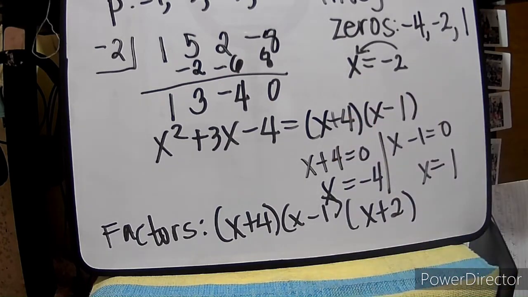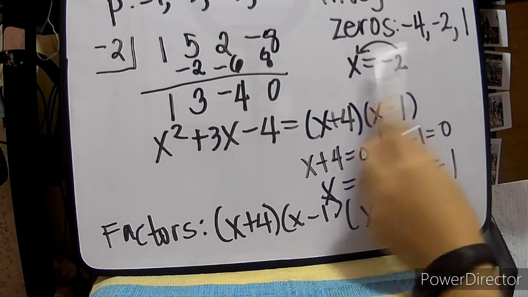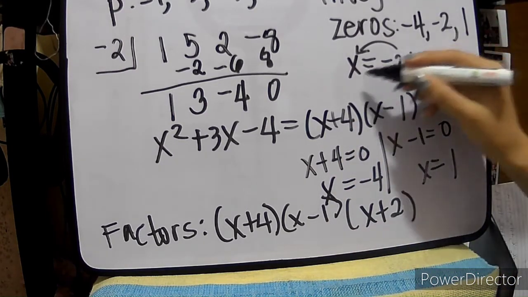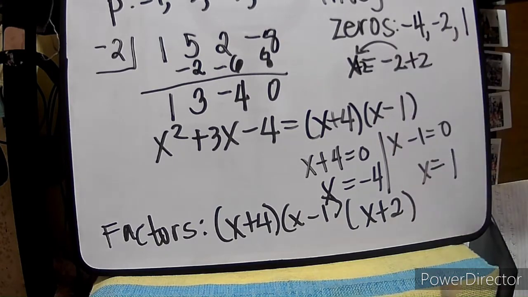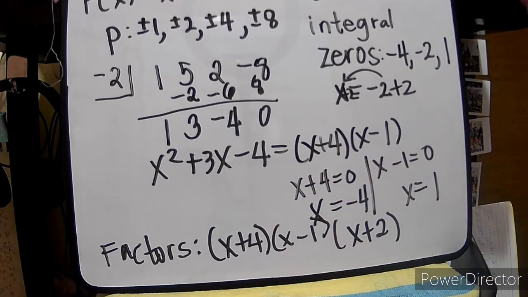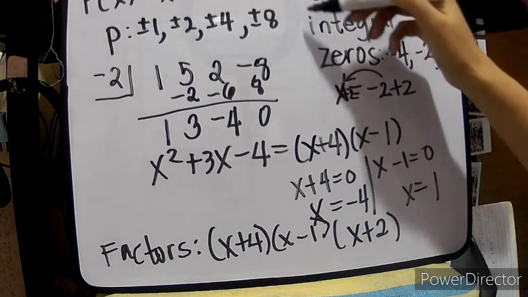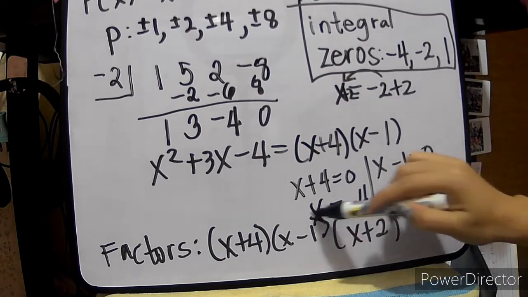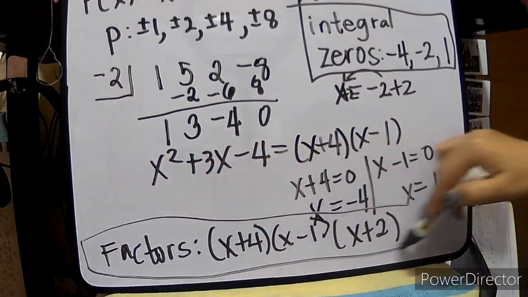Or, kung gusto nyo, kung addition property of equality is just add both sides by 2, para to ay maging 0. So, magpo-plus 2 tayo dito. Kaya, x plus 2 pa rin yan. So, that is how you find the zeros. So, this is our integral zeros. And this is our factors.